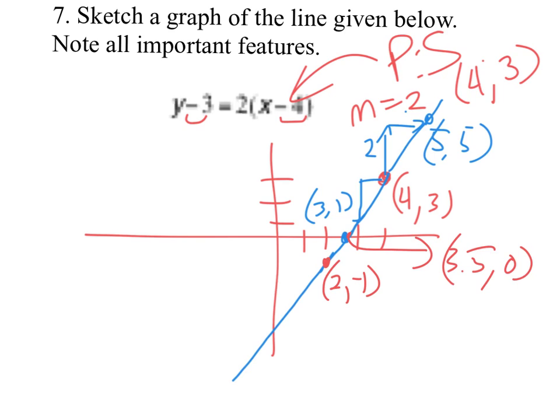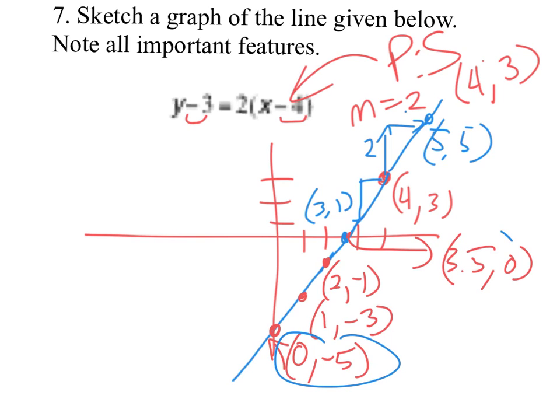Okay, I can trace back again, get 1, negative 3, and then a final time to get 0, negative 5, and I get my y-intercept. So I've got my y-intercept, my x-intercept, and my points that I used.